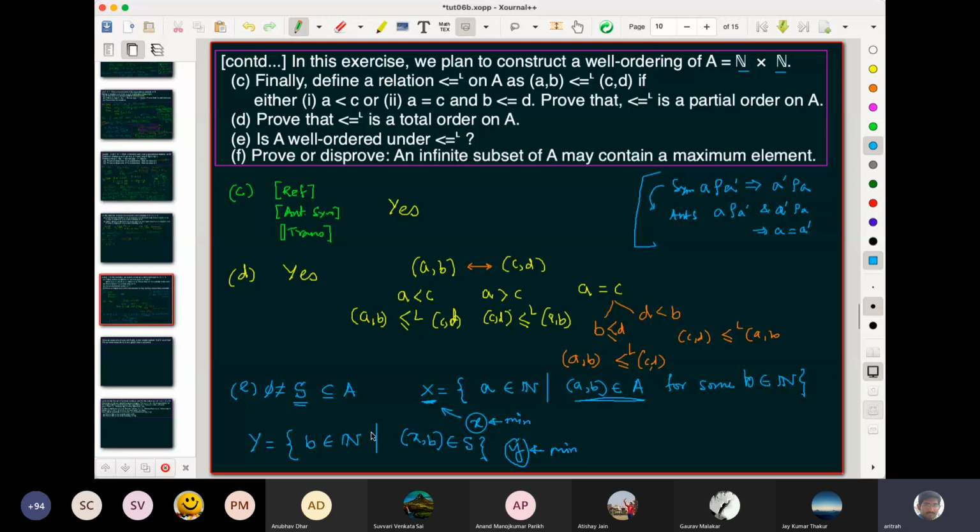So now consider the pair (x, y). So (x, y) is the minimum of S.